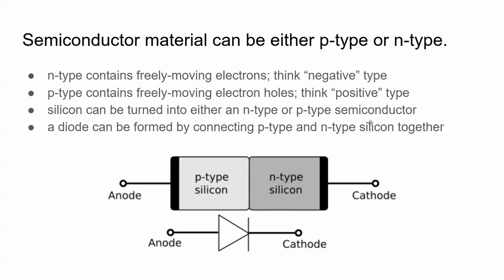So for N-type, you can think negative. We're kind of injecting atoms with more valence electrons, so the silicon structure becomes more negative. And as for P-type, we kind of inject material that has an open space in that valence band, so you can think of more positive type there.